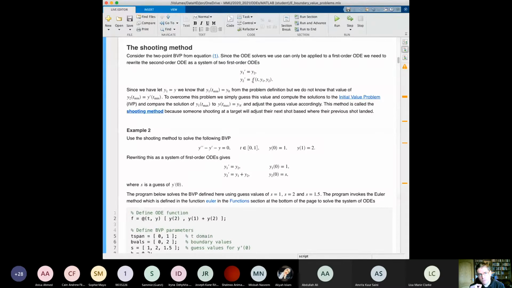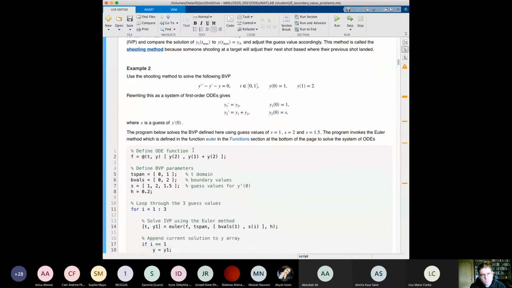Then we see how close our solution for y1, which remember is equal to y, is to the upper boundary solution. Depending whether it's higher or lower than what we wanted, which is the solution at the upper boundary, we adjust our guess of our initial value for y2. It's called the shooting method because of the analogy with an archer shooting at a target.